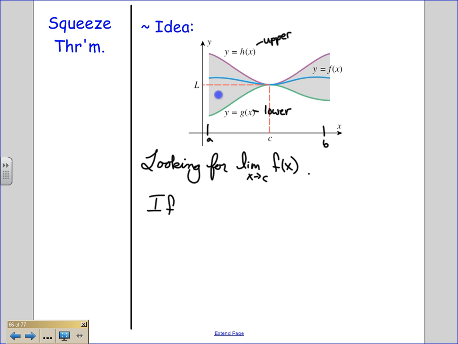Then I'm able to make the following. So here's my if. If I can say over a certain interval that g of x is less than or equal to my function I'm trying to take the limit of, which is less than or equal to an upper function, h of x.